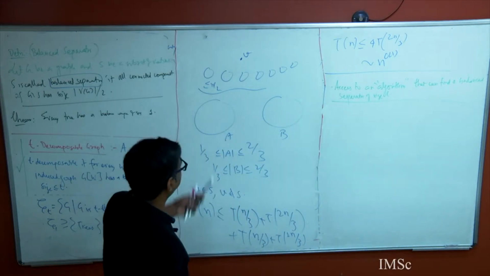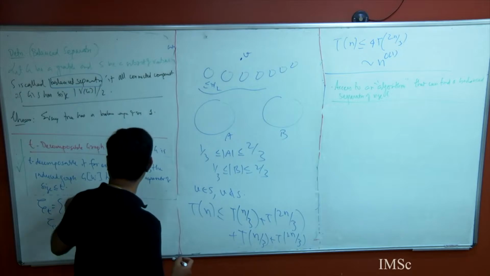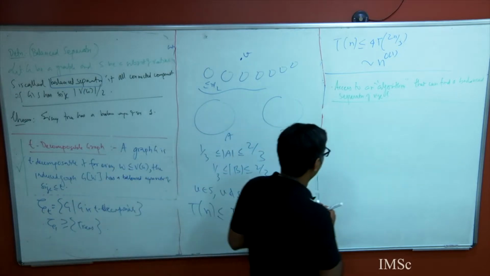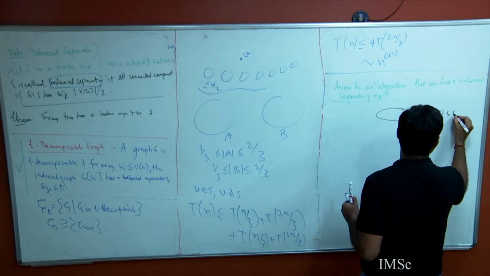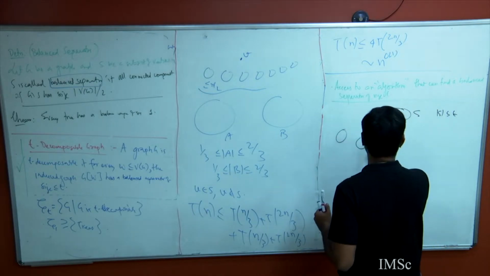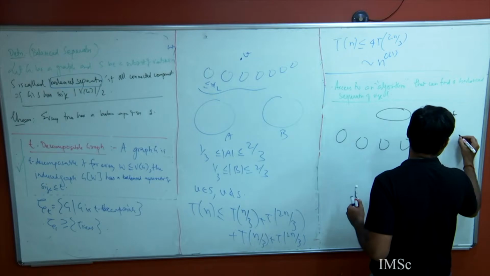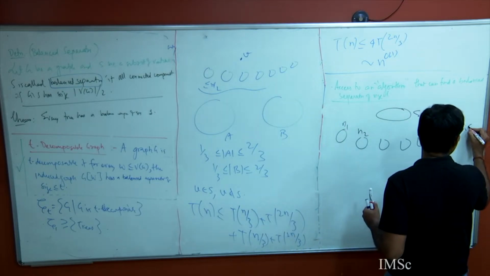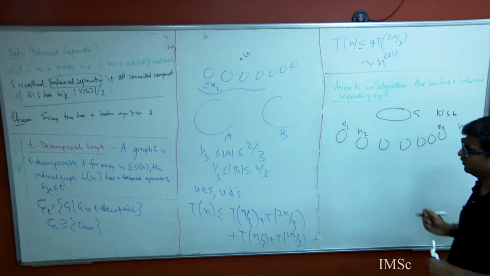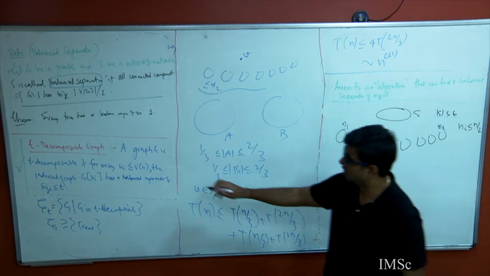So what can I do about this? I just mimic this algorithm. Now what do I know? I find a set S, cardinality of S is less than or equal to T, and then each connected component has size n1, n2, up to nl, and each ni is at most n over 2. We know this by the definition of T decomposability.